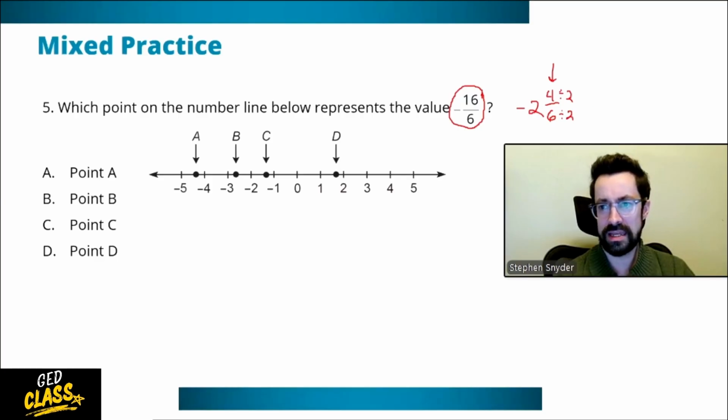And we'll say, okay, this is really going to be negative 2 and 2/3. And another thing that I think is kind of important when you're dealing with mixed fractions like this is that we don't write it. And I actually think it's kind of whack that we don't write it.